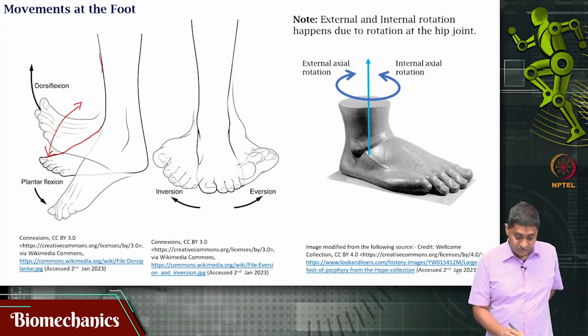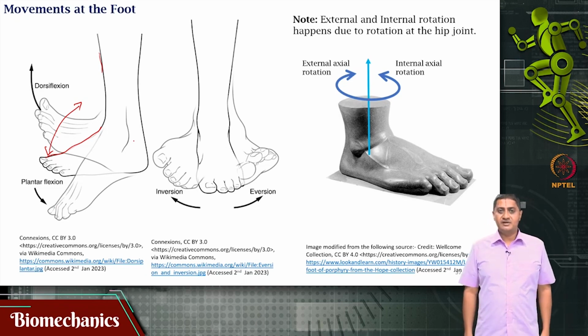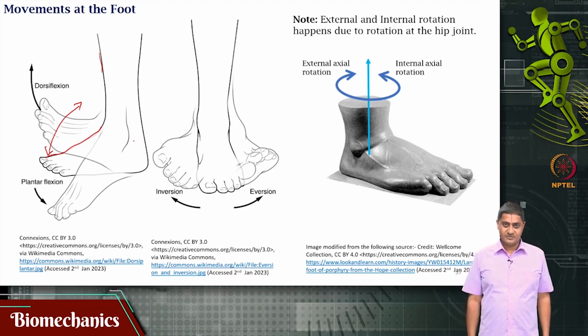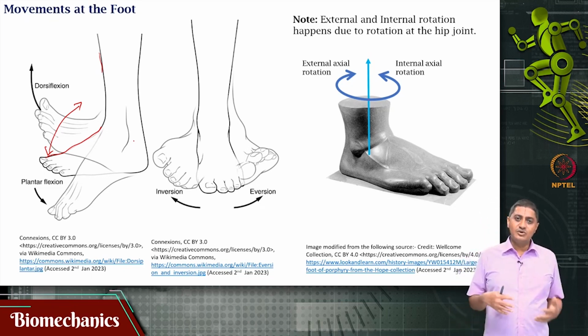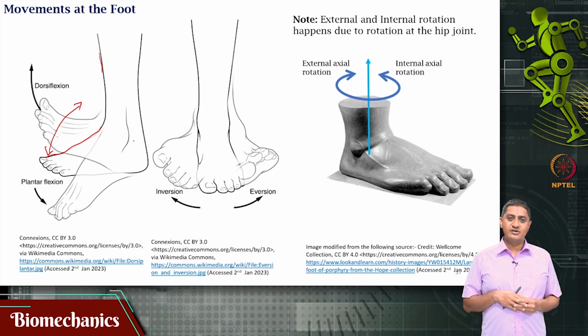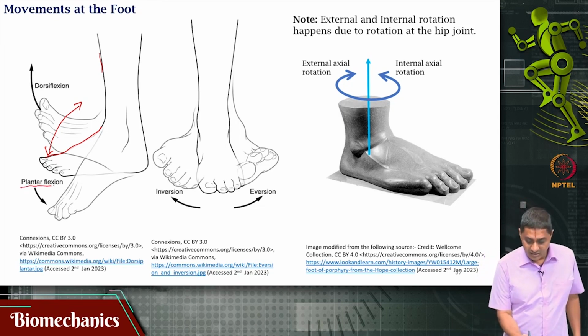Now, if you move the foot such that your toe is moving down and your heel is raising up, like I am now doing, I am standing and I am doing that, it is almost like you are standing on the toes of your foot. You can try doing that, like the ballet dancers. The movement that happens at the ankle joint to do this action is called plantar flexion.